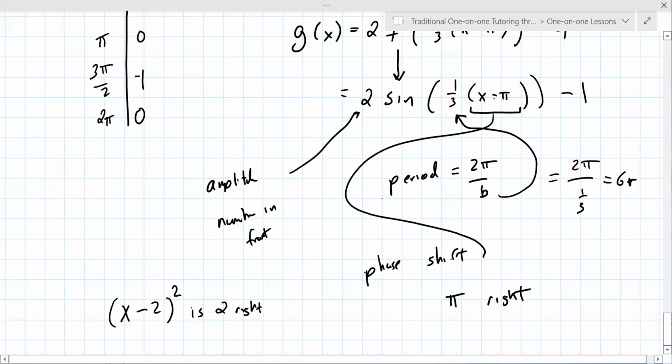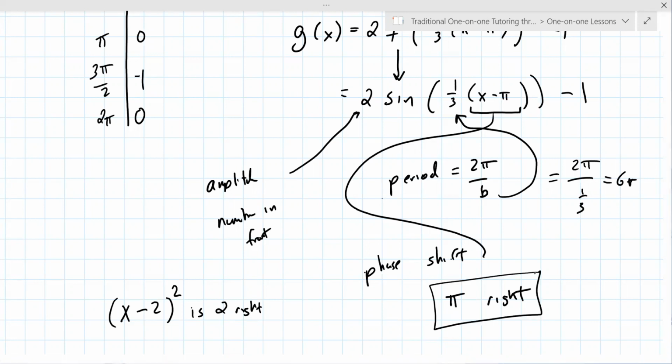The minus means right, the plus means left. So the phase shift would just be pi right. You have to give a direction. You have to say pi right, pi left, 2 pi right, 2 pi left. You have to be very, very clear with that.